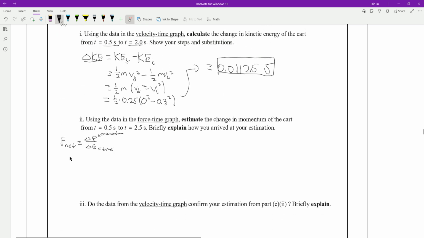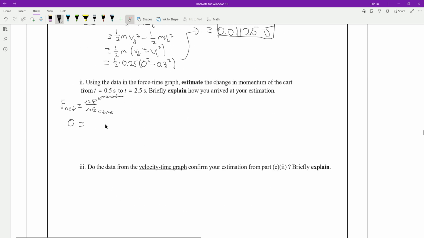And so we can plug this in. 0 equals delta P, the change in momentum, that's what we're trying to solve. And delta T would just be 2.5 minus 0.5, which is 2. So when we solve for delta P equals 0. And in a real exam, you would explain this.